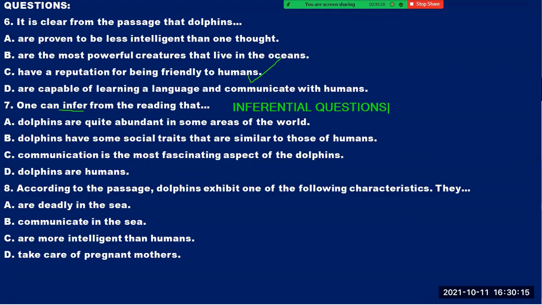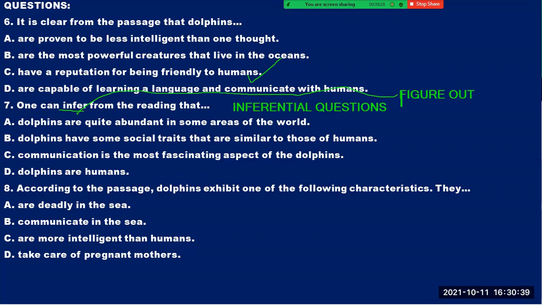Now, what are inferential questions? Questions that require you to infer. To infer is to figure out. To infer is to do what? To figure out. To figure out something is to infer something.